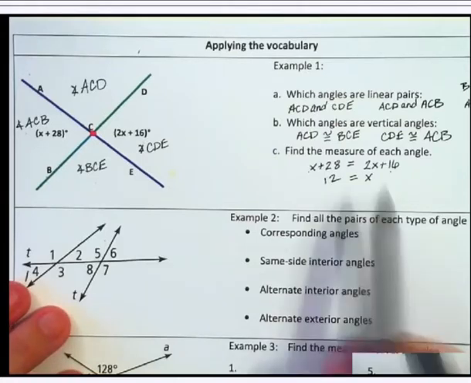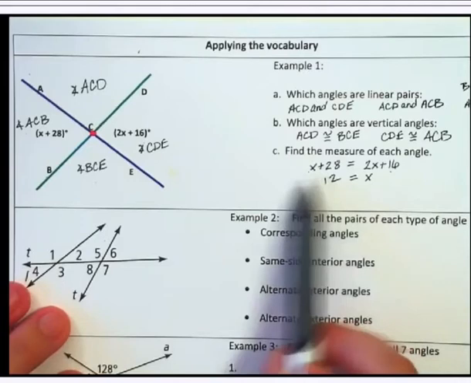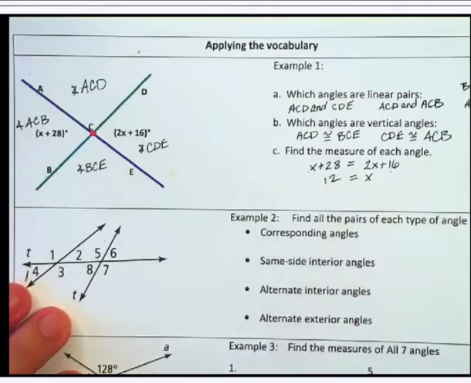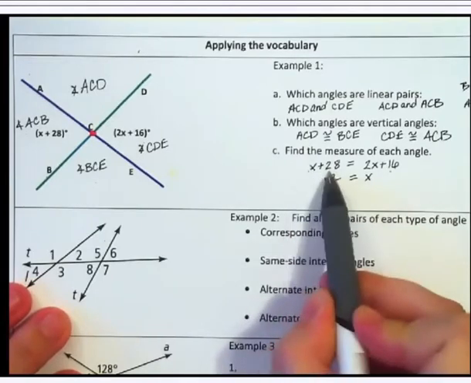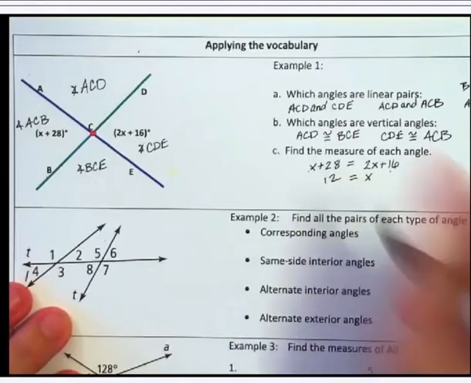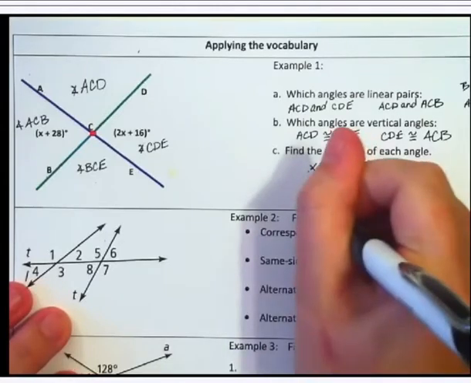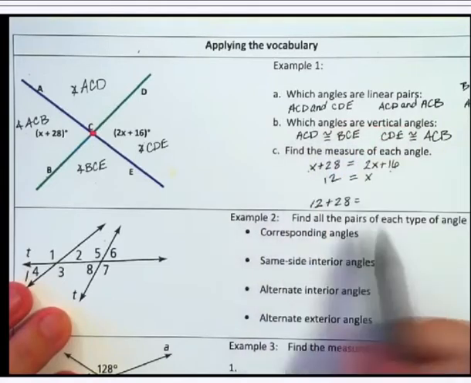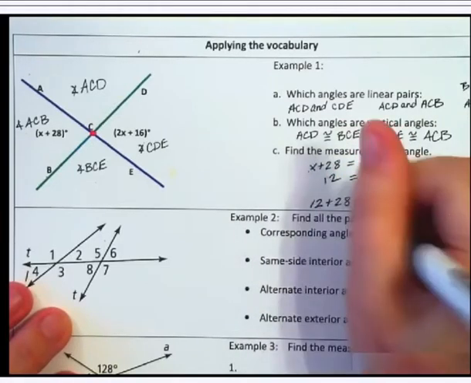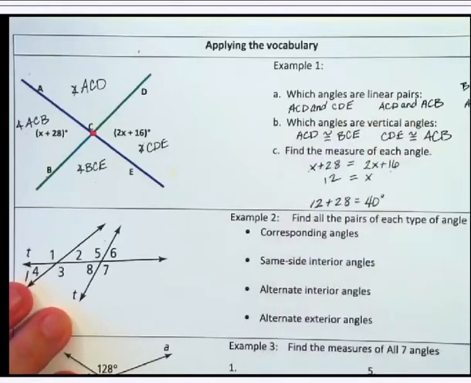So here's what I'm going to do. I'm going to plug in x to one of the two angles. It doesn't matter which one you plug it into. I'm going to choose the angle where I have to do less work, okay? So 12 plus 28 equals 40 degrees.